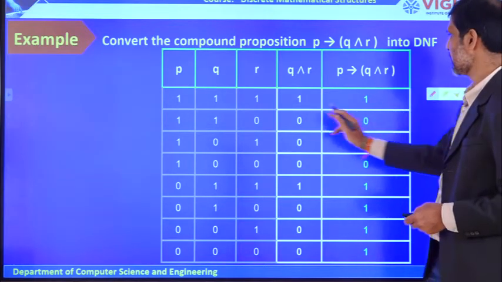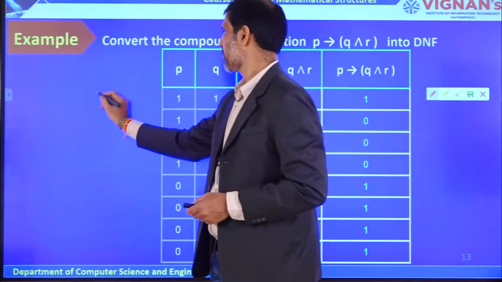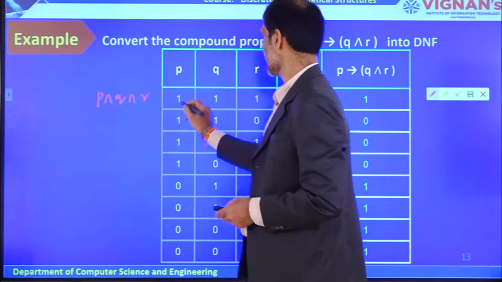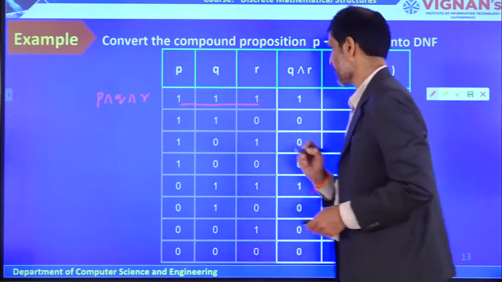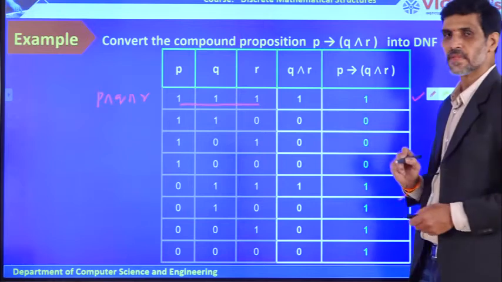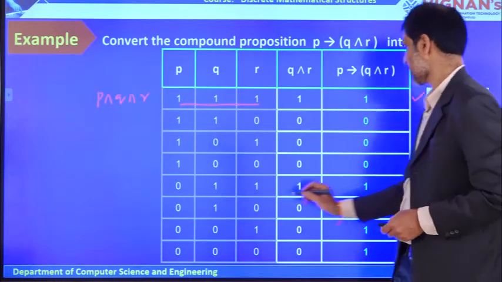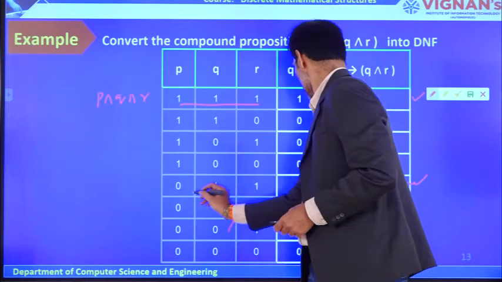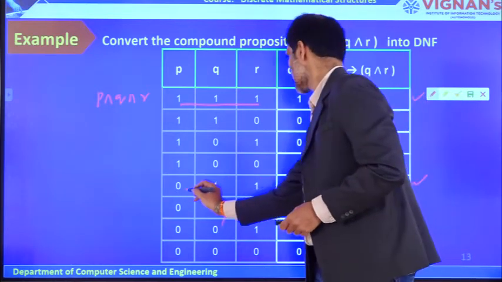What is the min term of this assignment? P and Q and R, because all are true. This is the first assignment. And what is the second assignment? This is the second assignment.